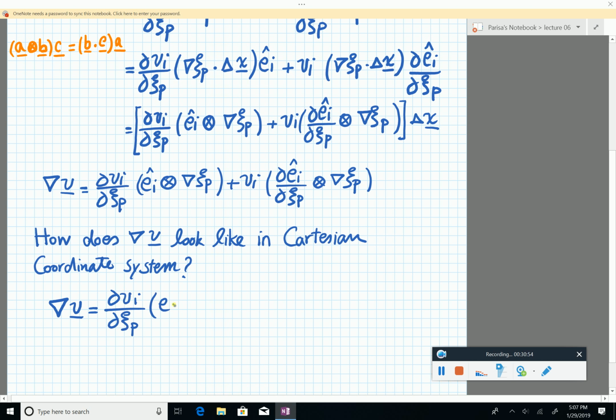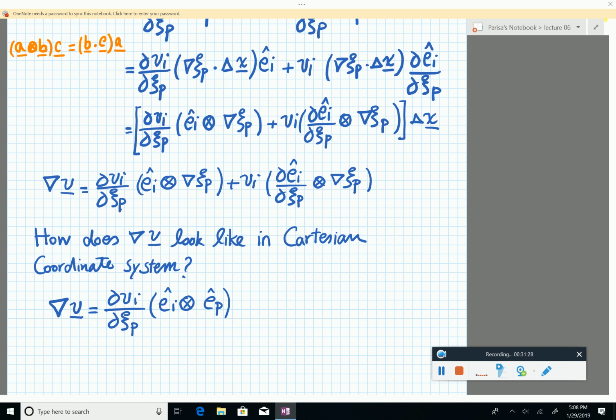You can just write it like that. And now I have to go back to what you have seen before. What are you looking at? A tensor. What is this which is multiplied by this tensor product? What did we call this? Say it again. Exactly.